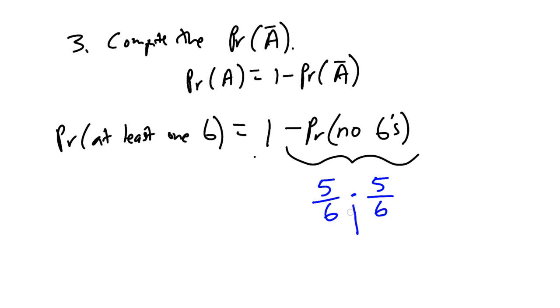Why am I allowed to multiply there? Because these two events are independent. Rolling the first die and not getting a 6 has nothing to do with rolling the second die and not getting a 6. There's no influence there at all. Therefore, I can multiply those two probabilities together, and that gives me the probability of not getting any 6s.